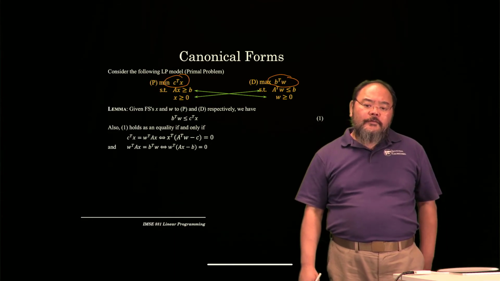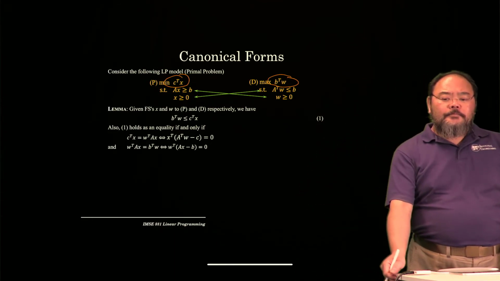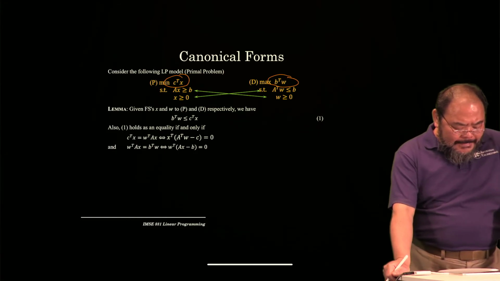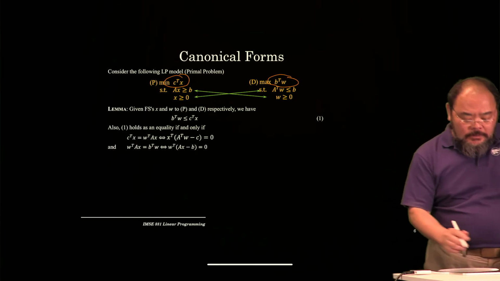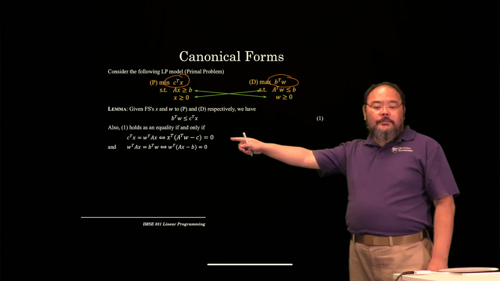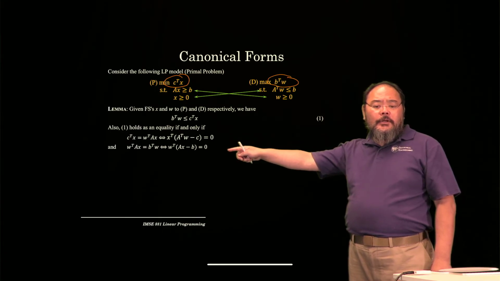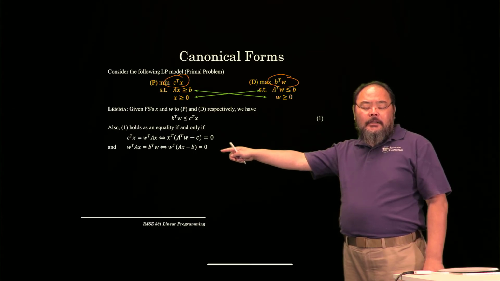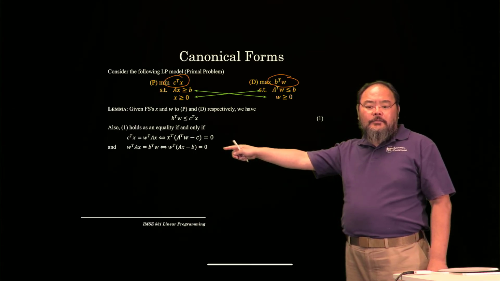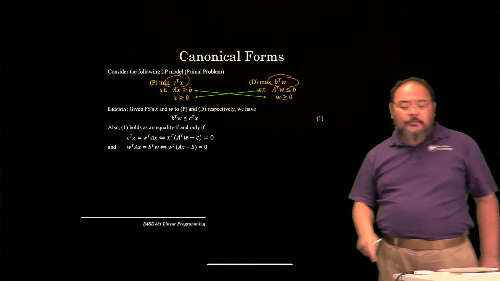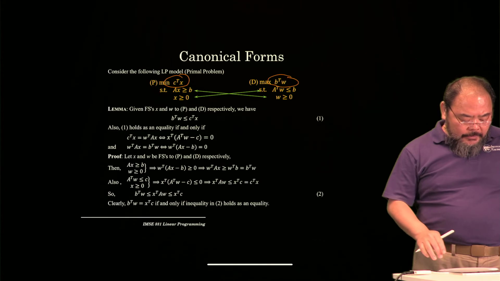So how do we prove that? For this we want to prove x transpose times (A transpose times omega minus C) equals 0, and also that omega transpose times (AX minus B) equals 0 as well. We proved that before, so now we want to sum it up together.